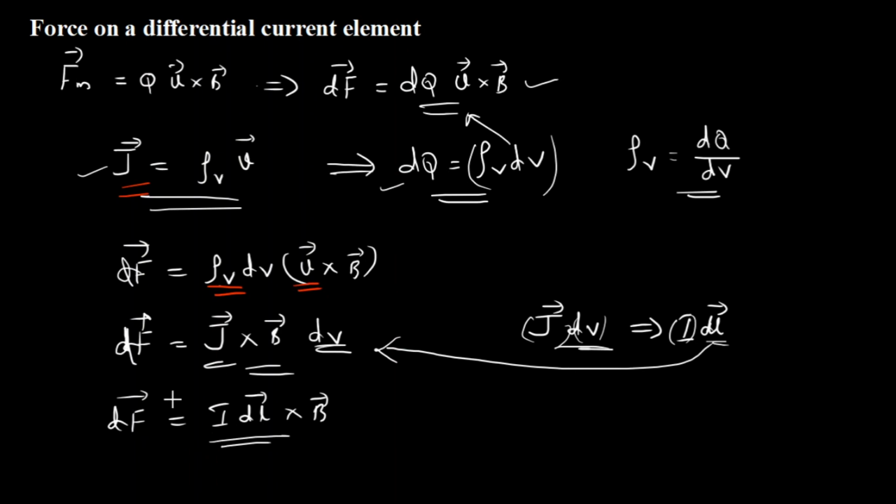I dL is now the differential current element. So the differential current element cross producted with the magnetic flux density will give me the differential force on the differential current element.